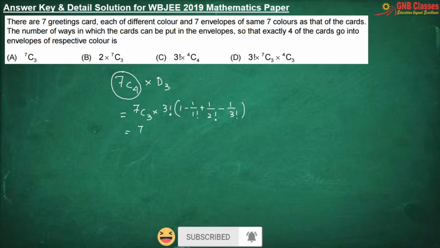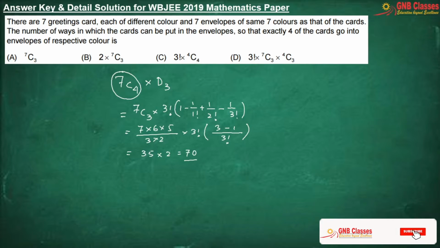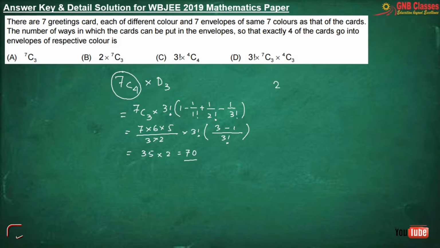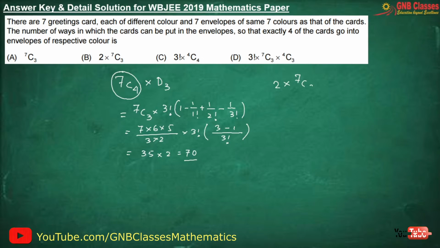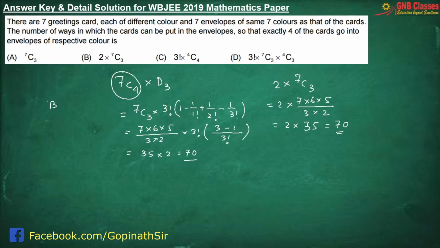So the final answer will be 70, which is the same as 2 into 7C3. Is it okay? Therefore, option B is correct for this problem.